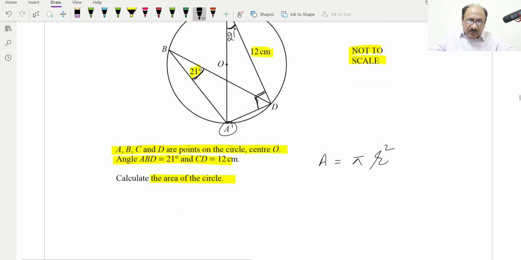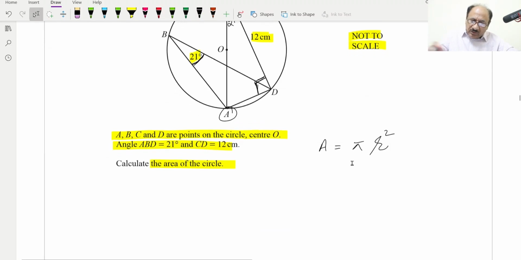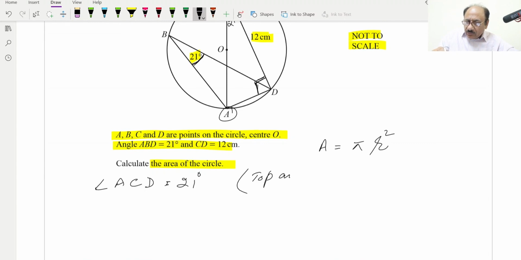So we can write this as 21 degrees. So we will write angle ACD is equal to 21 degrees, and the reason we can write is angles of the same arc.